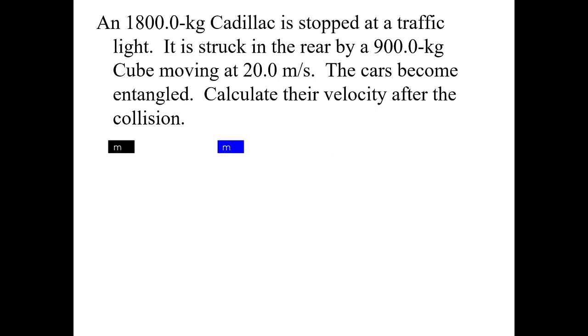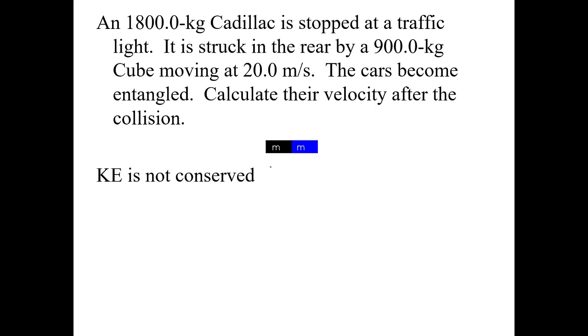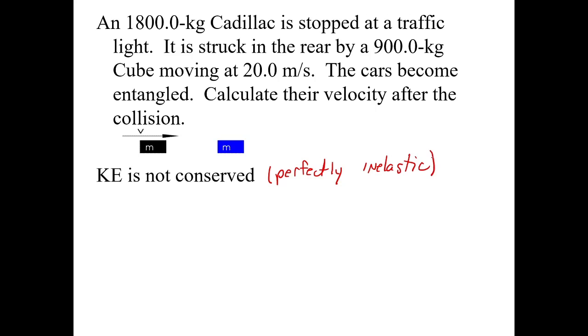Now this is a stick-together problem. So kinetic energy is not conserved. This is what we call perfectly inelastic. The real important point is that they stick together. So the small car is hitting the big car.